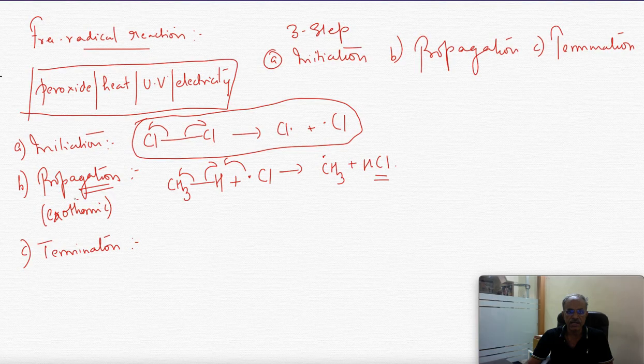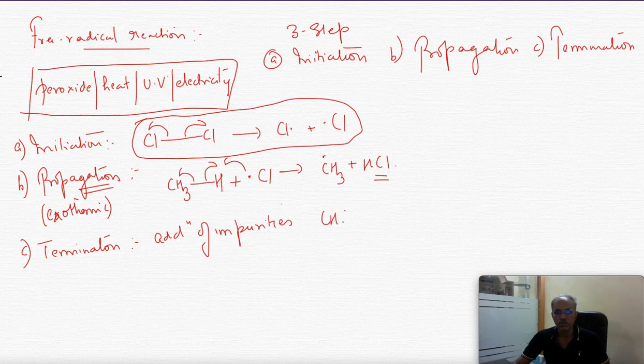So we will have to stop this chlorine radical. For that, it has to be destroyed by the addition of impurities like chloroform or carbon tetrachloride. Take for example, one chlorine dot is formed plus another.